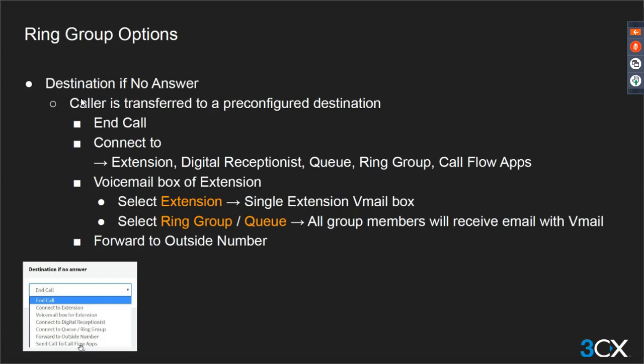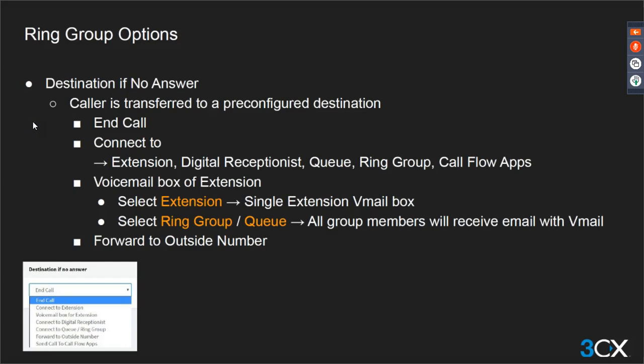You can divert the calls to the voicemail of an extension, as well as a group voicemail. However, with group voicemail, an email will be sent to the ring group or group queue members as an attachment, and not as a voicemail to be heard from the phones of the extension. We've not covered group voicemail in detail, but effectively you can use it as an email, you can't use it as a phone.